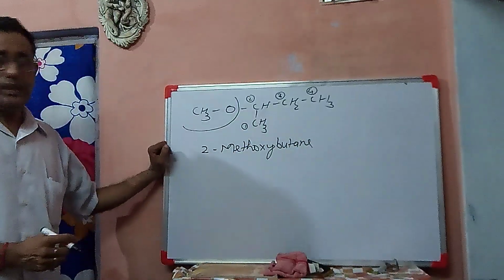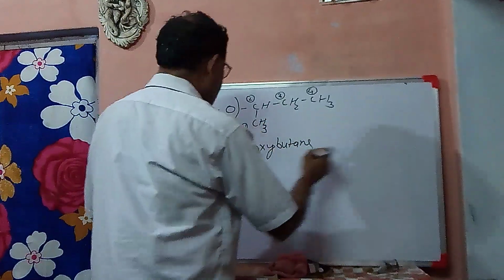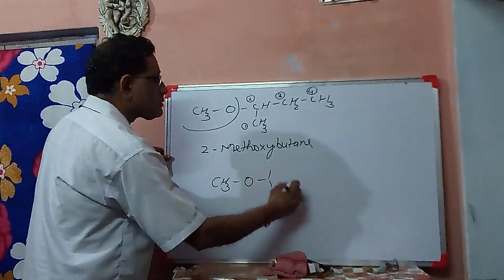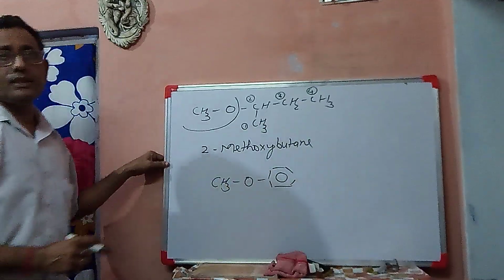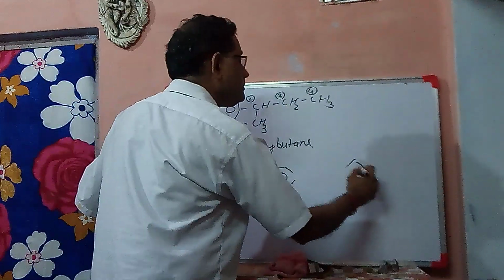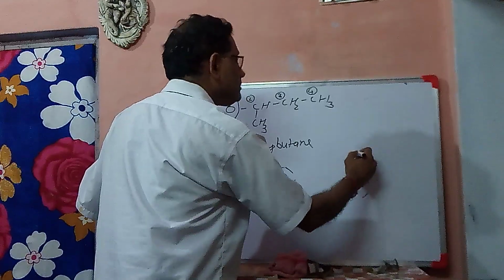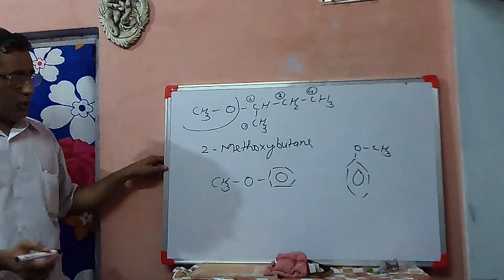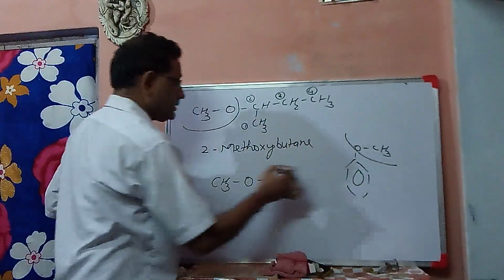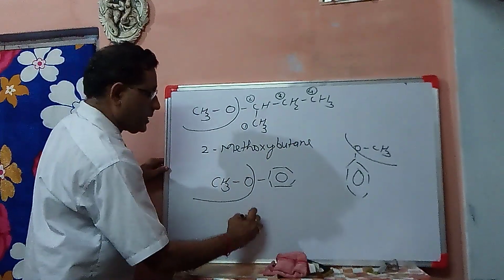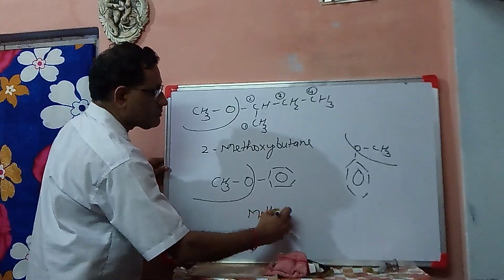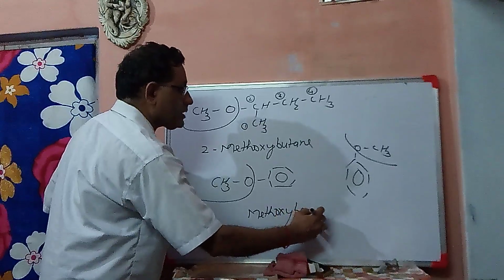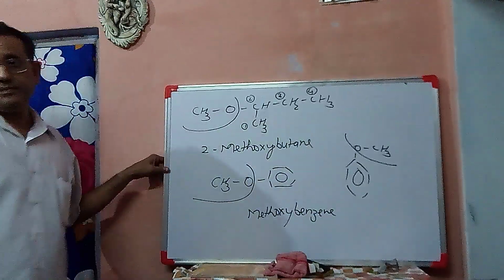Clear? In the same way, suppose this is present, or you can write in this way, this is taken as a methoxy group. ये methoxy हो गया मेरे पास, तो methoxy, और इसका IUPAC नेम क्या होता है, बेंजीन, so the name will be methoxybenzene.